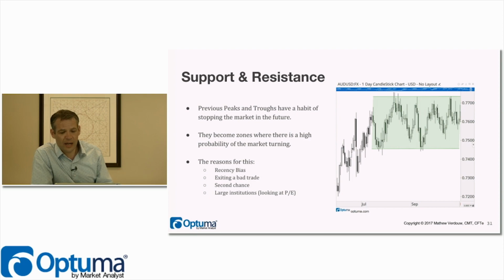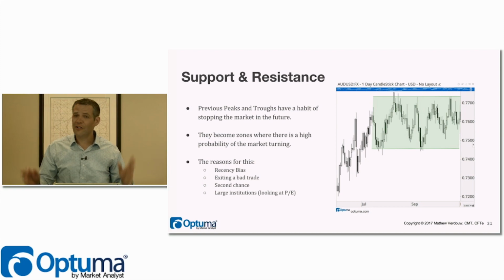Let's say at a peak, price was going up, I bought, and then price fell down. When price comes back up, I'm just like, oh wow, I dodged a bullet, I'm getting out of the market. And obviously there's a lot of that. Whenever you've got people making right decisions, you've got people making wrong decisions, and so there's a lot of people exiting. It's again one of the reasons why we have support and resistance in the market.